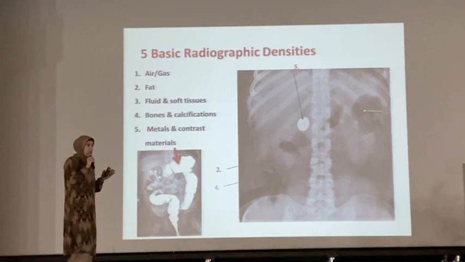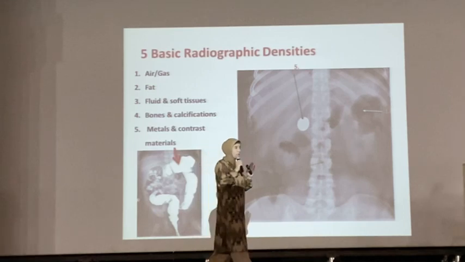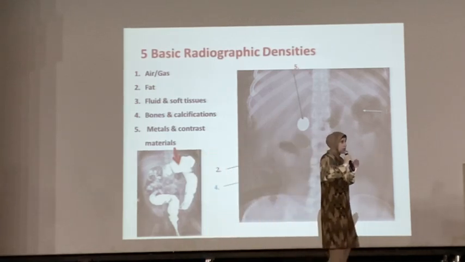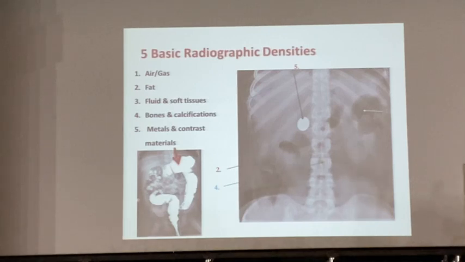Accordingly, we have 5 basic densities. We have an X-ray beam cut through our body, detected by a plain X-ray, according to the absorption and attenuation of that beam in our body tissues.